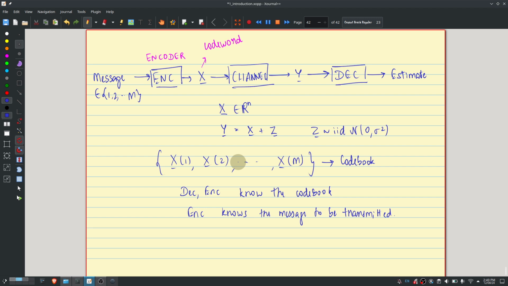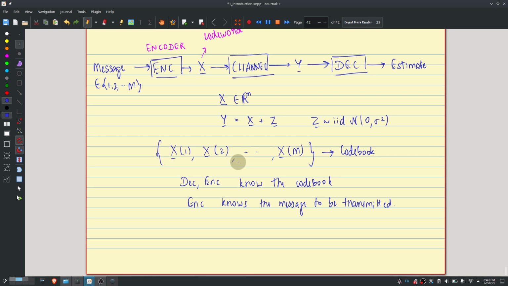So we're dealing with Euclidean space. What is a natural decoder that you can think of? Just give a guess. What would you do? Okay, minimum distance, right? That's one particular decoder.